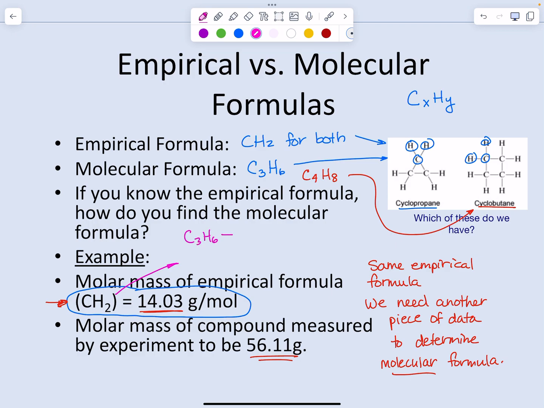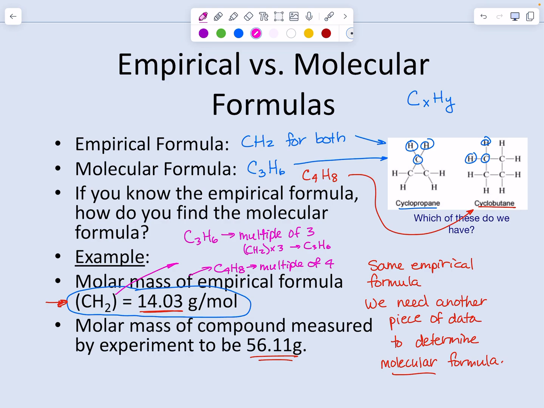C3H6 is a multiple of CH2: it's 3, right? We take CH2, multiply it by 3, and you get C3H6. And C4H8 is a multiple of 4 of the empirical formula. So the molar masses of these compounds will be either a multiple of 3 or a multiple of 4 of the molar mass of the empirical formula.